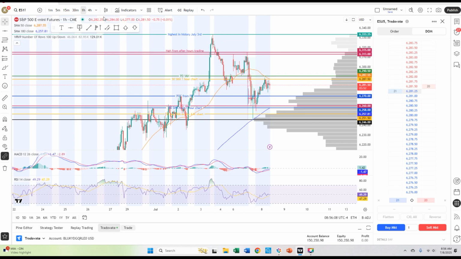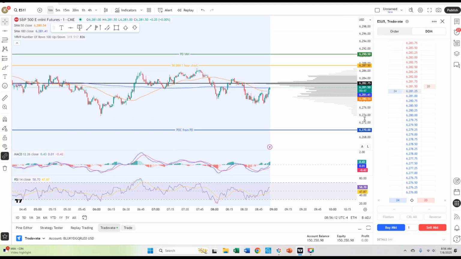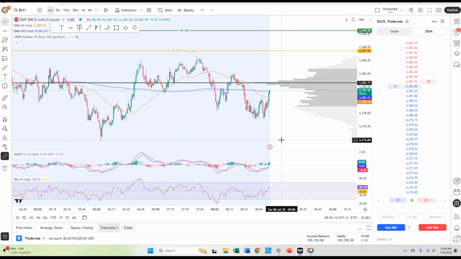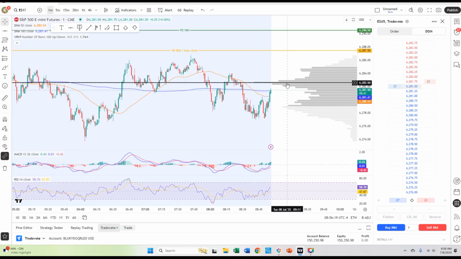But now what we're looking at on the 1-minute chart, of course, is a much smaller little piece of the pie here. And again, we're looking at the data from about 5 o'clock this morning. The POC is up here. So that's probably going to be where it goes and bounces off of and then drops. That's my guess at this point.